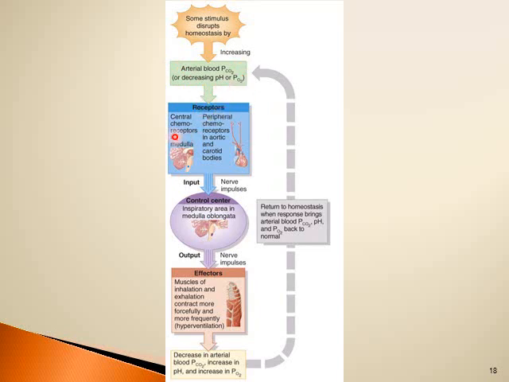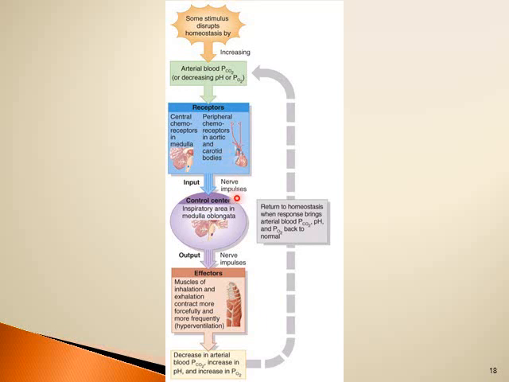What are the receptors? The central chemoreceptors in the medulla, and these will mediate the effect of carbon dioxide indirectly via the generation of hydrogen. Also, these changes will stimulate the peripheral chemoreceptors present in the aortic body and the carotid body.